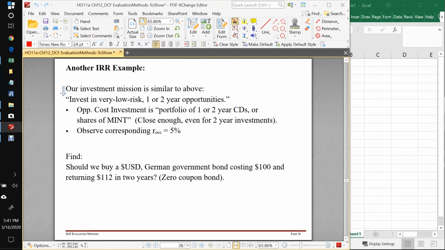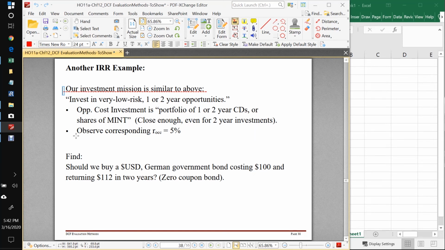So let's start out with our investment mission being similar to above, not identical, but close. So we're going to invest now in very low risk 1 or 2 year opportunities. We go out to bankrate.com, look at 1 and 2 year CDs, and the Mint ETF we can still look at. It's got some stuff that matures later than a year, so we're going to say it's close enough even for 2 year investments.